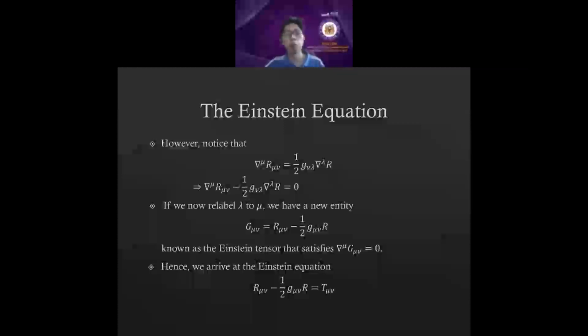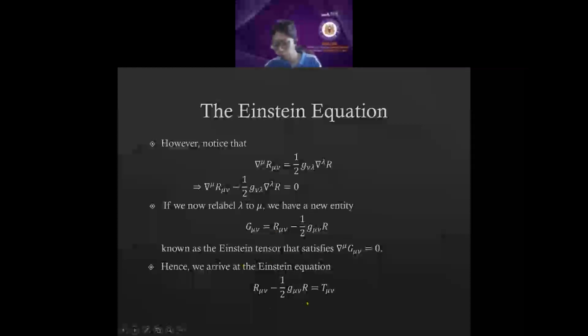So the next best thing would be to try the Ricci tensor. If we do that, we have a problem. We face an inconsistency. Okay? Then by trial and error, or rather by observation, we arrive at this entity known as the Einstein tensor.